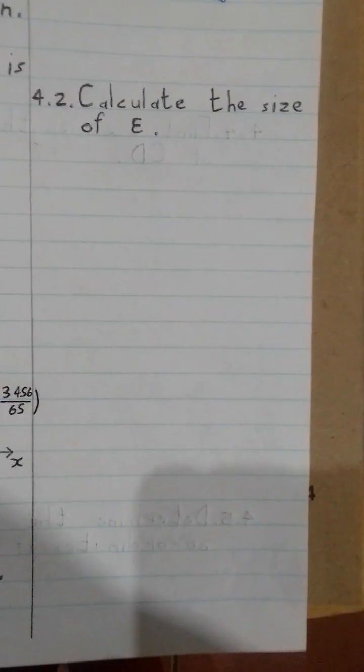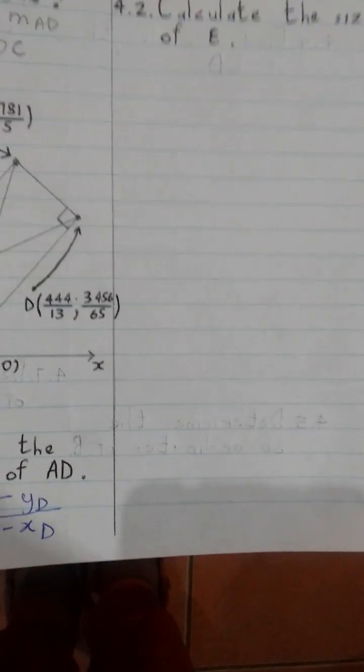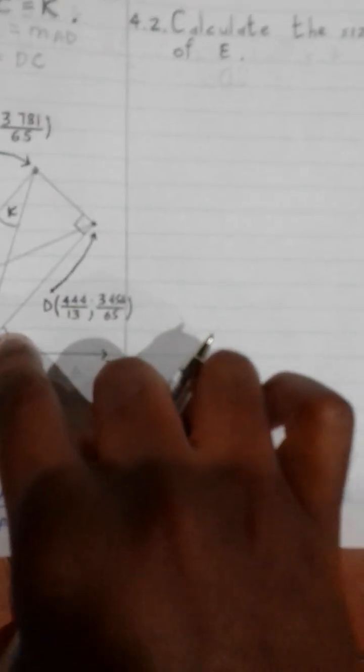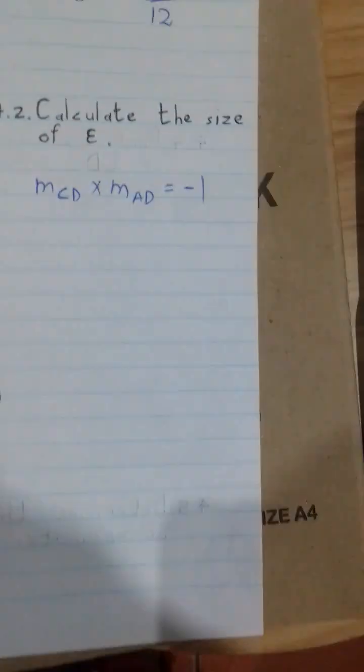4.2 states. Calculate the size of epsilon. So we need this. We are told that epsilon is the angle of inclination of CD, right? So when two lines are perpendicular, the product of their gradients is equal to negative 1. So gradient of CD, since epsilon is CD, times gradient of AD is negative 1.